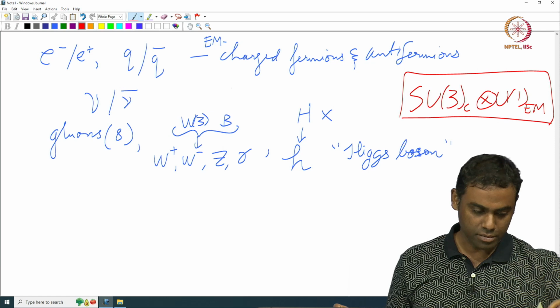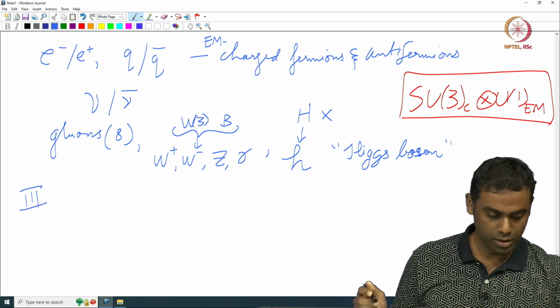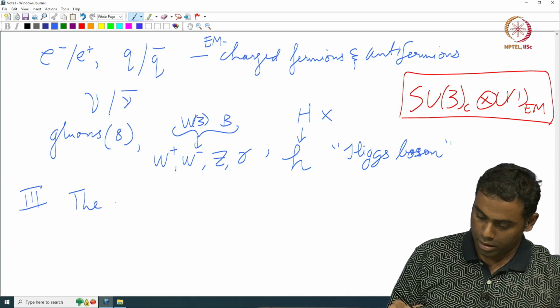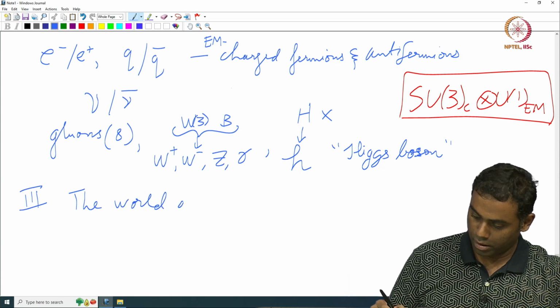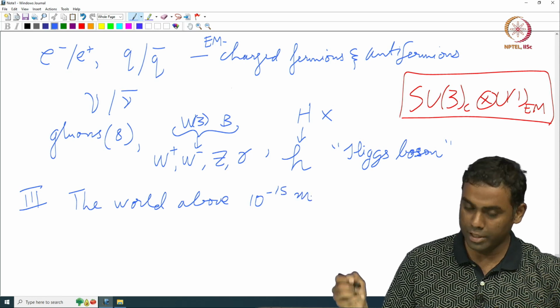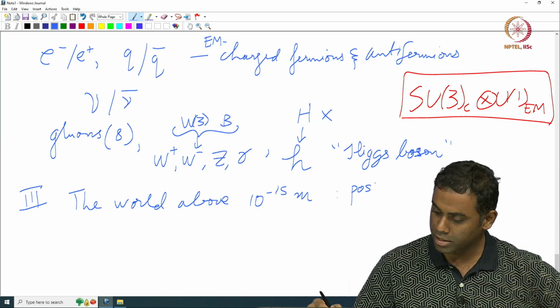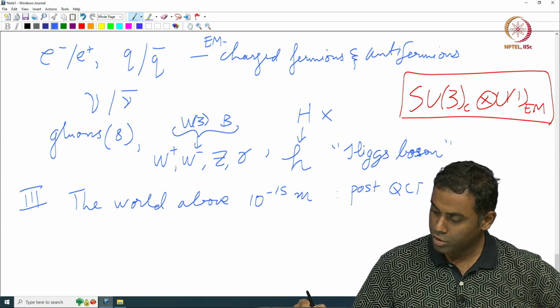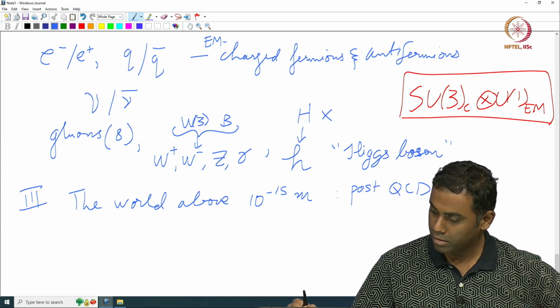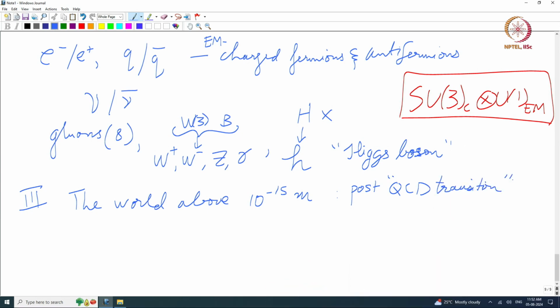Now, finally, the world above 10 power minus 15 meters. This is past what is known as the QCD transition. What is the QCD transition? This is where all the quarks condense and then confine.